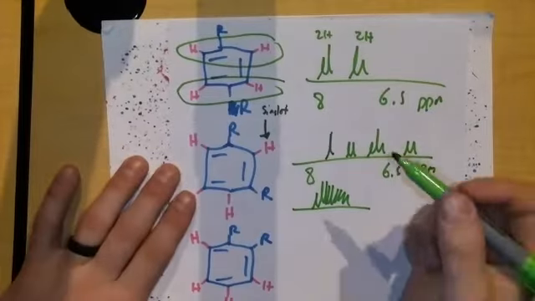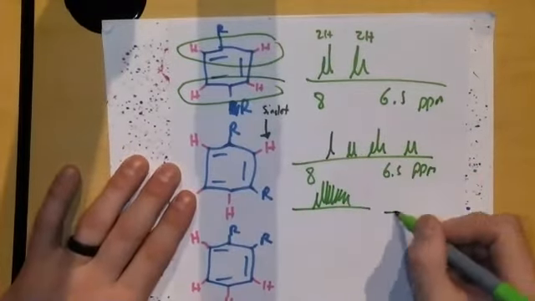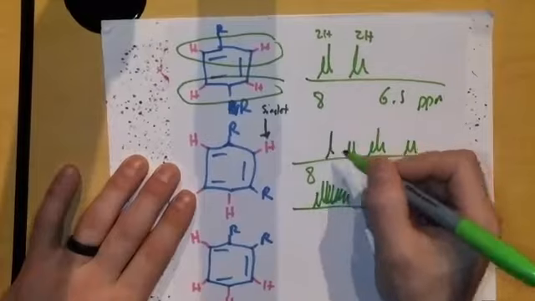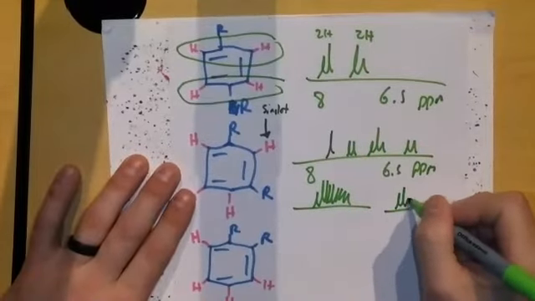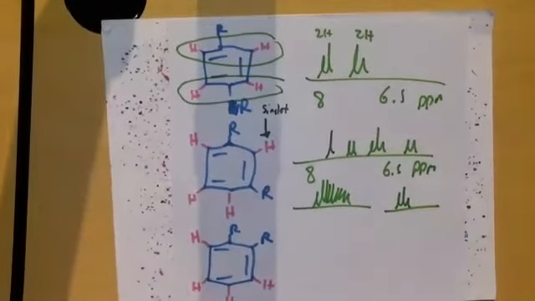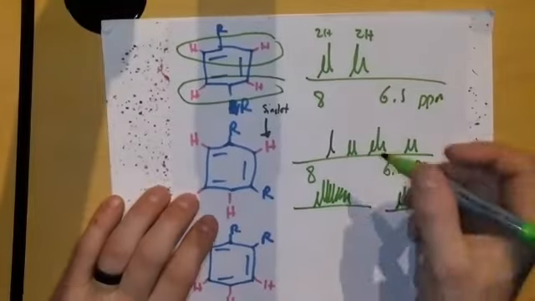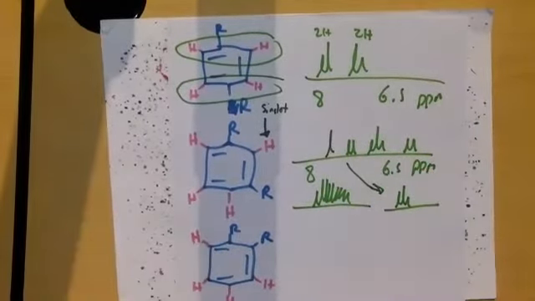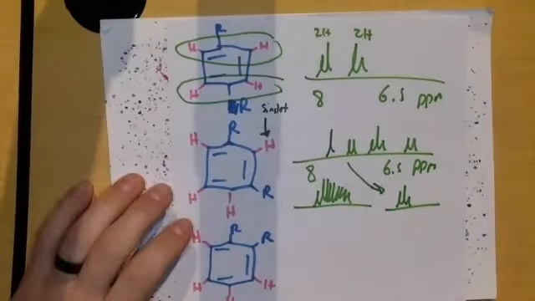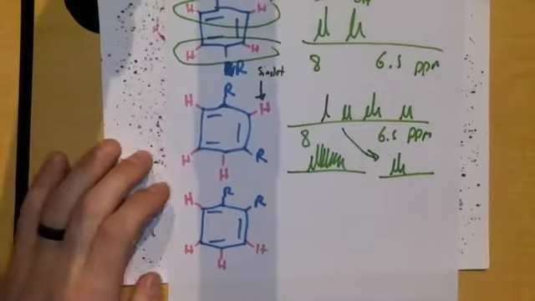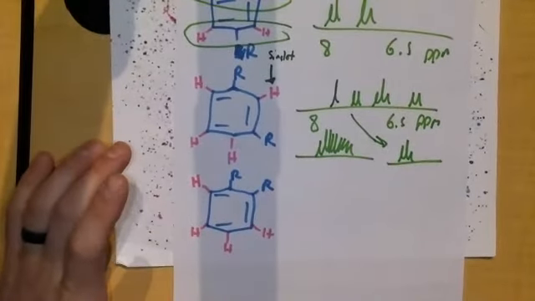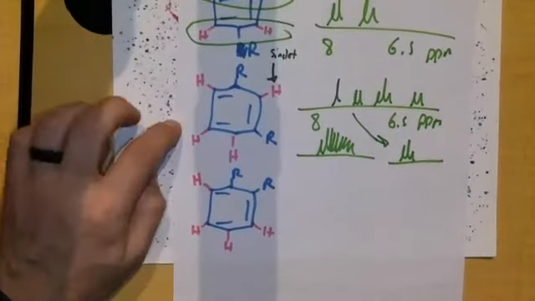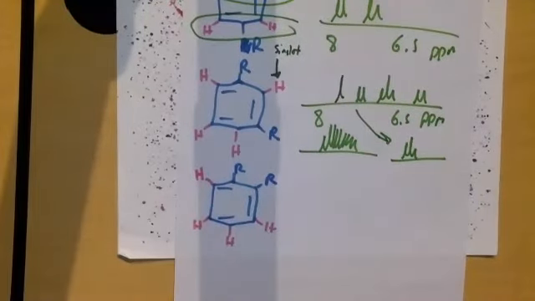Also, sometimes the doublet and the singlet merge together and they make what looks like a triplet, but they're actually these two smushed on top of each other. So it's a bit of a mess whether or not you have this or if you have this. And a lot of the times you're just going to have to write out both of them.